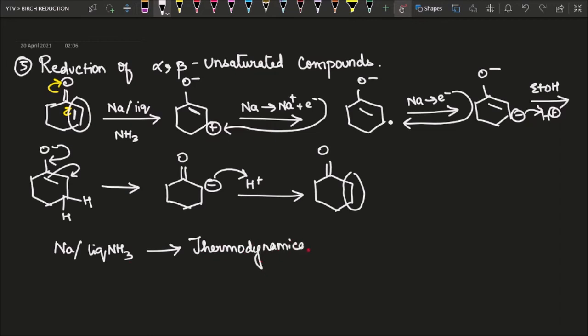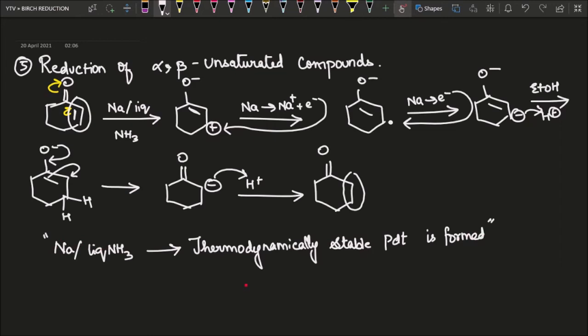Now if we consider decalin system, trans decalin is thermodynamically stable than cis decalin, right? So when you have sodium in liquid ammonia added to a decalin system, always trans decalin is formed.